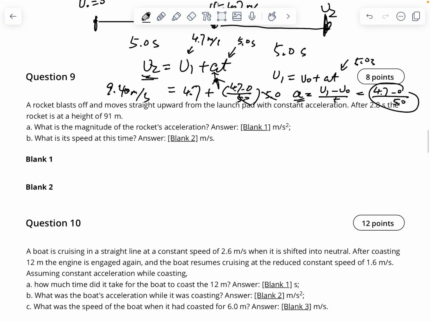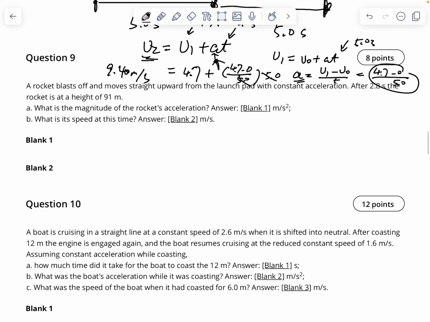Okay, number 9. Number 9 is a rocket blasts off and moves straight up from the launch pad with constant acceleration. After 2.8 seconds, the rocket is at a height of 91 meters. So straight up, right?